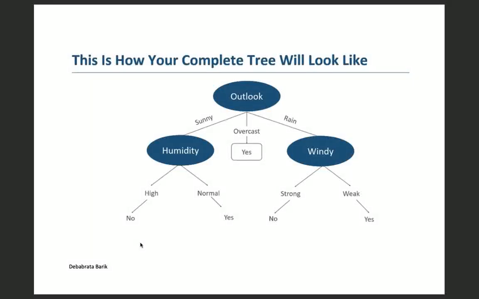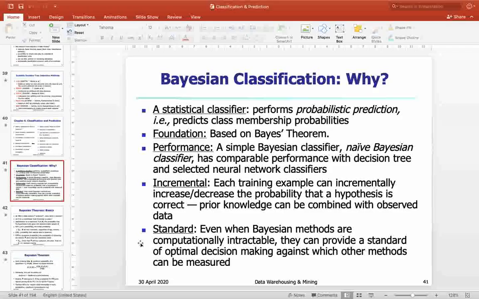So today we will discuss the next classification method. This is the Bayes classification method, right? There are some disadvantages of the decision tree algorithm. So what are the disadvantages?